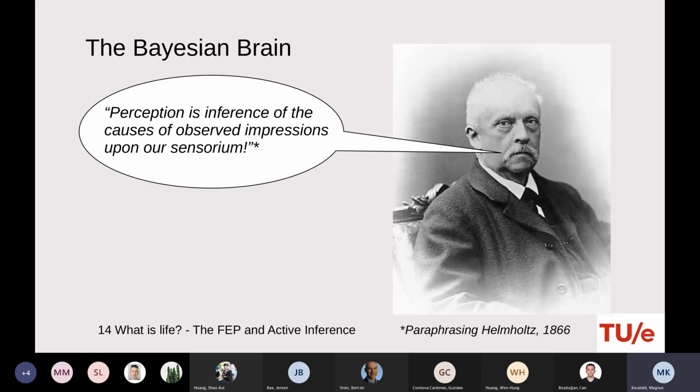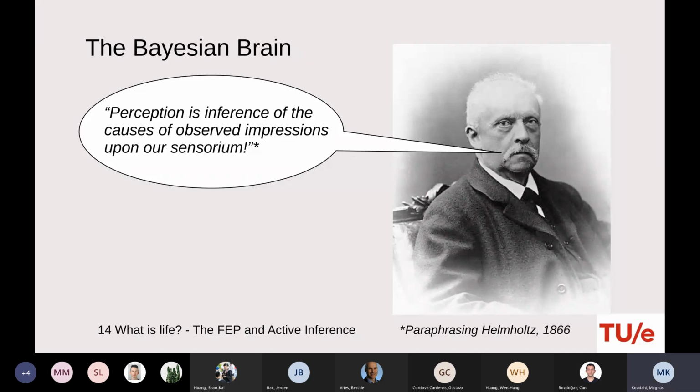And to paraphrase him, where this idea originates, as far as I can tell: perception is inference of the causes of observed impressions upon our sensorium. Which is a bit of a mouthful to say out loud, but all it really means is that perception, the act of perceiving something, can be cast as an inference process about what is the state of the world that caused this observation.